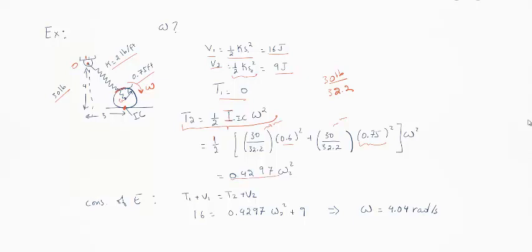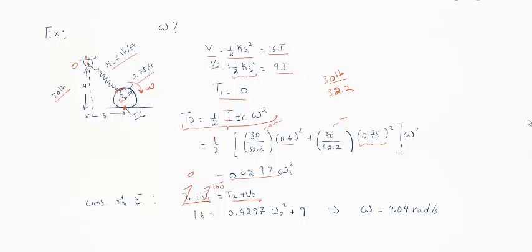Now we get from this T2 equals 0.4297 omega 2 squared. Now we apply the conservation of energy. What did that tell us before? T1 plus V1 equals T2 plus V2. Now what do we know? We know T1 is 0. We know V1 is 16 joules.